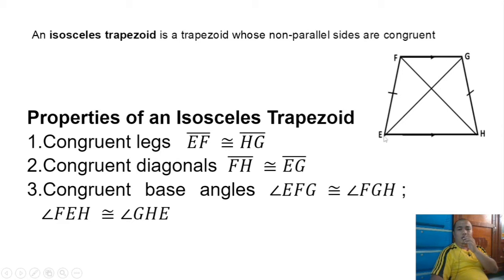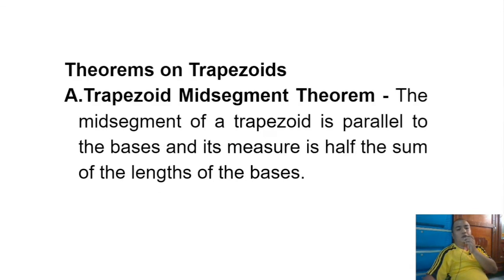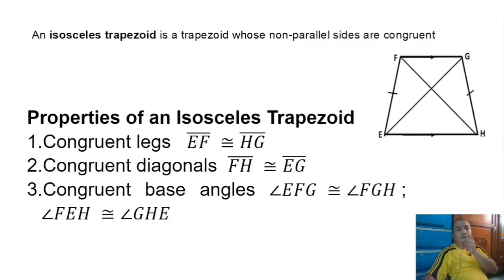Angle FEH is congruent to angle GHE. So the base angles in an isosceles trapezoid are congruent. You can screenshot this part so that you can memorize the different properties of an isosceles trapezoid: congruent legs, congruent diagonals, and congruent base angles.